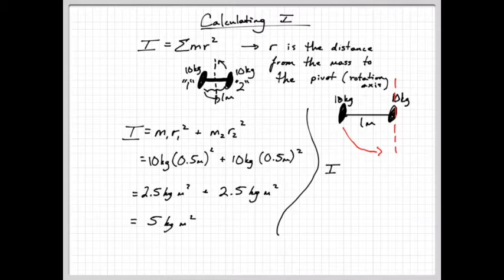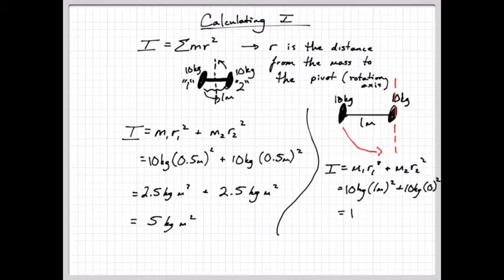So same formula, and we'll keep the same 1 and 2 labels. So m1 r1 squared plus m2 r2 squared. Mass 1 is still 10 kilograms, but now it's located 1 meter away. Mass 2 is 10 kilograms, but it's located on the pivot point, so its distance r is 0.